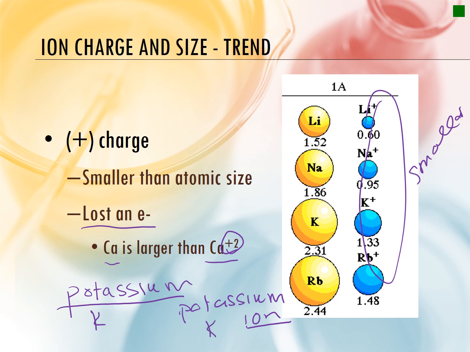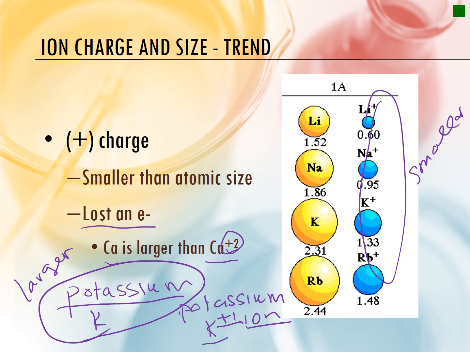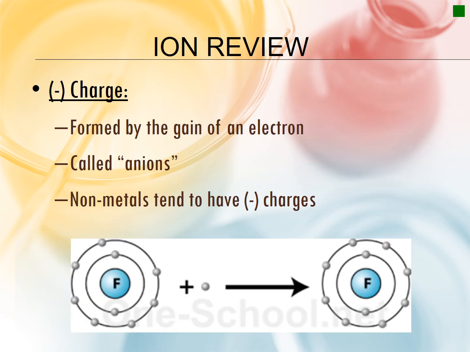In this case, potassium has that +1 charge on your periodic table. So it would be a positive, which means that potassium versus the potassium ion, the potassium would be larger. Why? Because as a potassium ion, it becomes smaller because it loses that 1 electron.